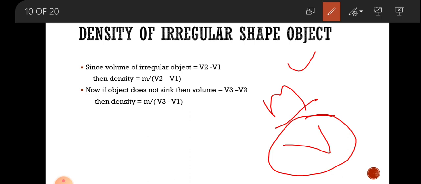The volume of an irregular object is given by v2 minus v1, as I have already explained. So the density of that object is m upon v2 minus v1, where v2 minus v1 is the volume of the object.